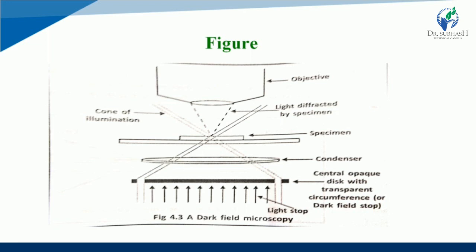Below the specimen, the condenser is present for light control, and last is the central opaque disc with a transparent circumference. So light is stopped. Light is not passed through the central opaque disc. So that is the figure of dark field microscopy.